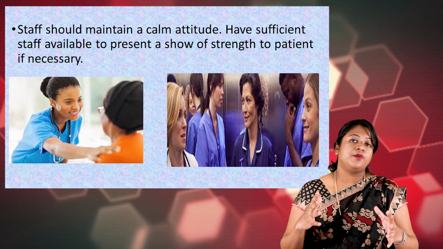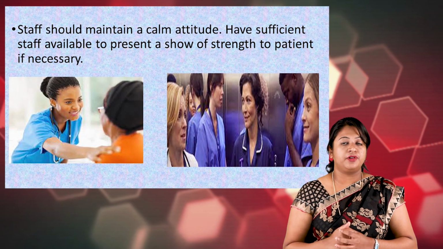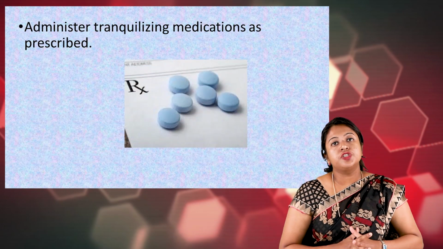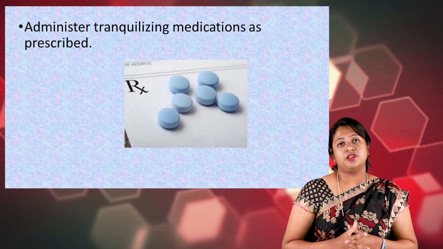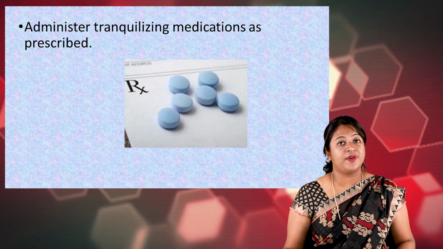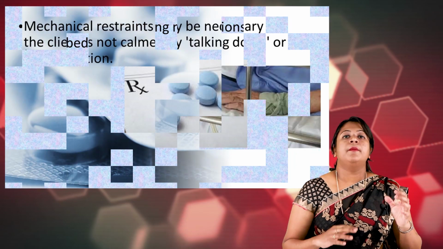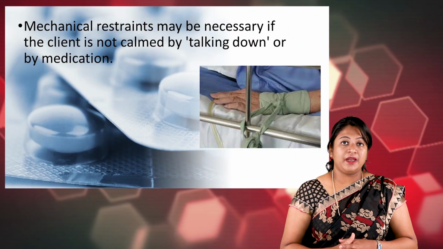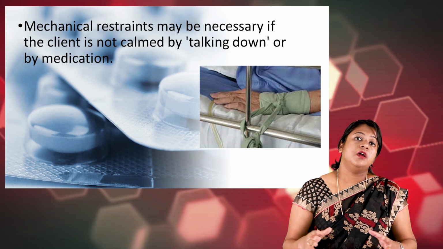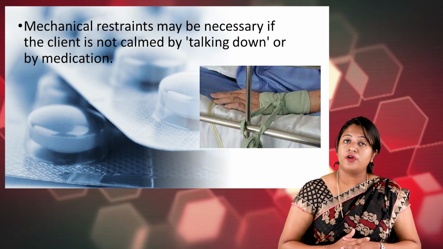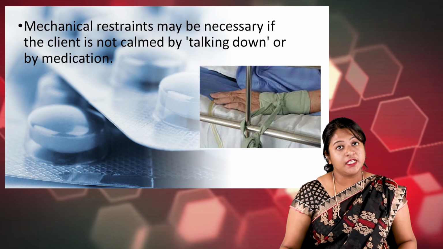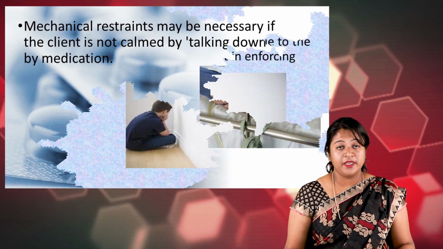Also see to it that you have some kind of physical security around you. You can also administer medications, especially the tranquilizer group of drugs, when he becomes uncontrollable. Mechanical restraints can be applied when you feel he cannot be controlled by medications. You can even go for a restraint with the consent of his or her family.